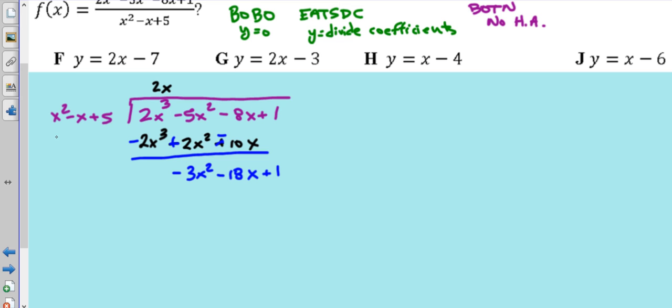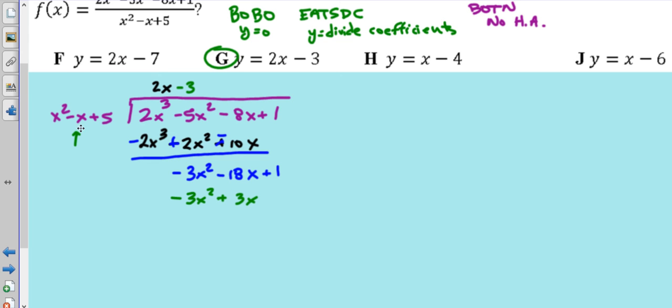What do I need to multiply x squared by to get a negative 3x squared? Answer, negative 3. Now that should be my equation right there, but let's check it real quick here. You would get negative 3x squared, and then you take your negative 3 and multiply it by negative x, which gives me positive 3x.